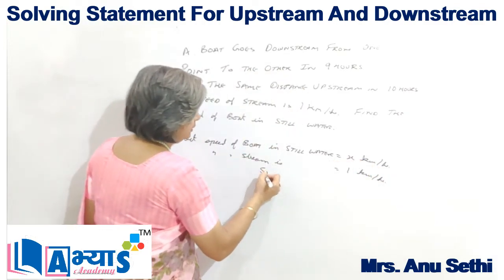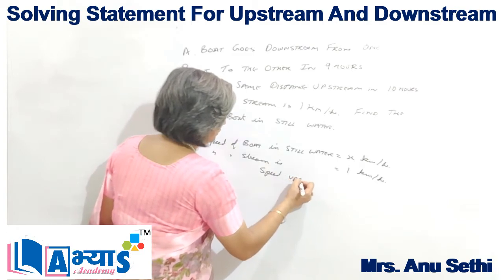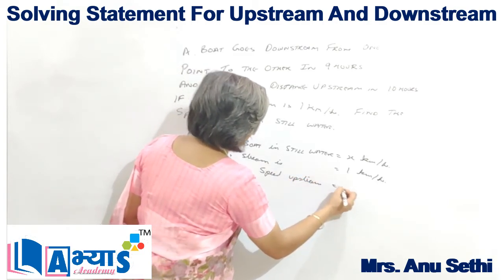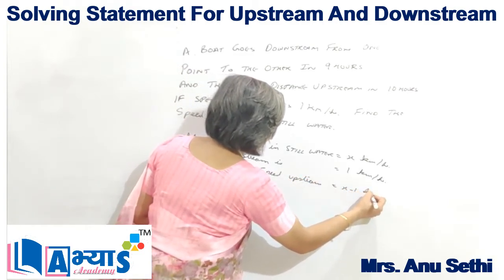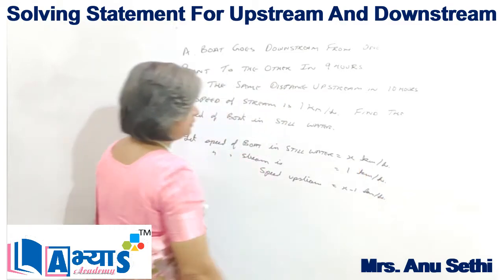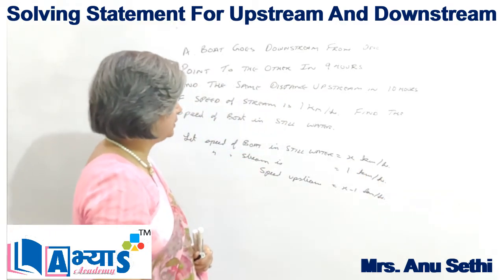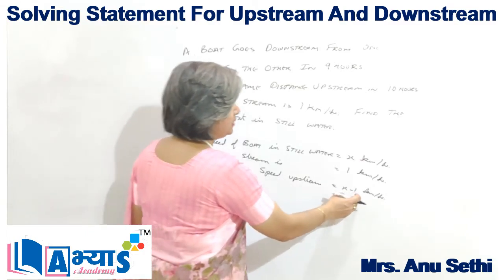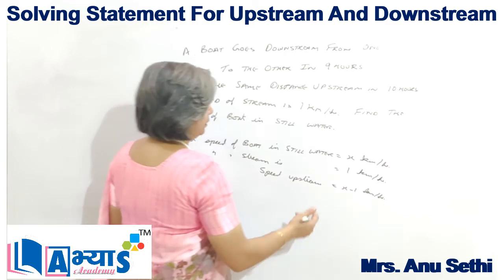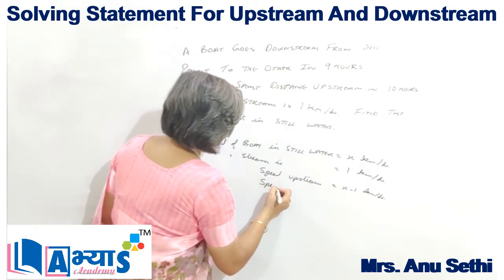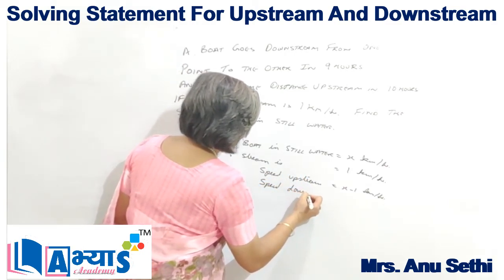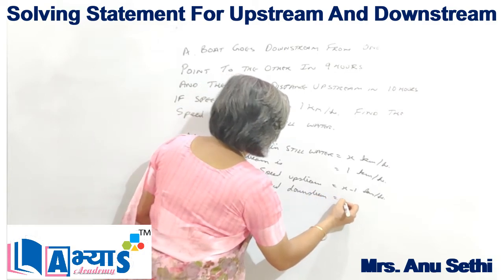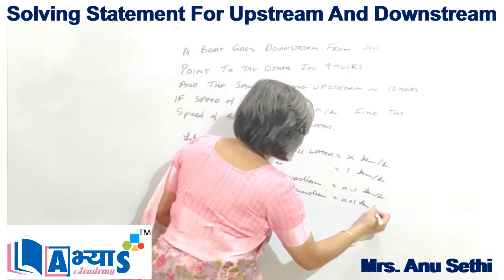So speed upstream is equal to x minus 1 kilometer per hour, because the river is flowing in the downward direction and we are going in the upward. So the speed upstream will be x minus 1 kilometer per hour and speed downstream will be x plus 1 kilometer per hour.